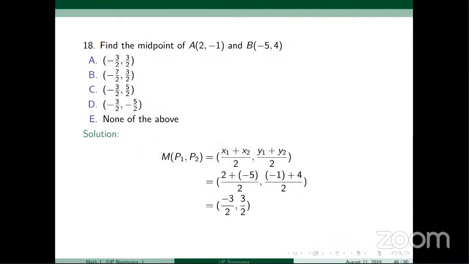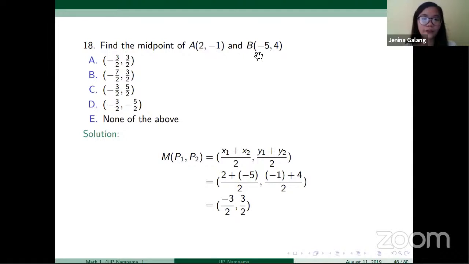So, we have x1 plus x2, or the summation of the 2 x values over 2, and the summation of y values over 2.